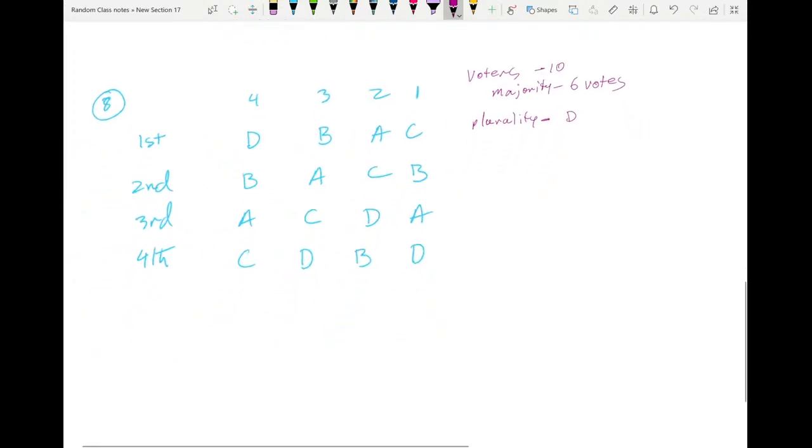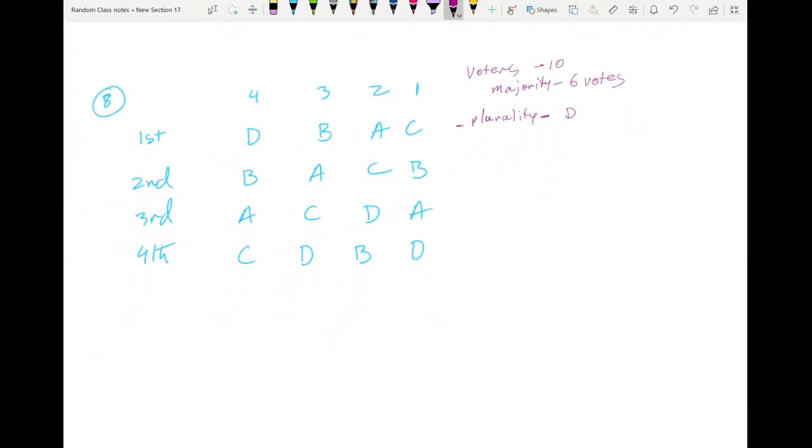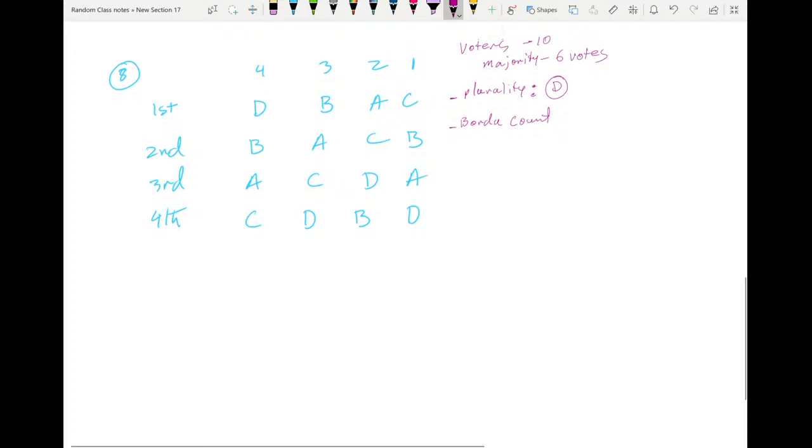Now, if we do the Borda count method, let's look at it this way.